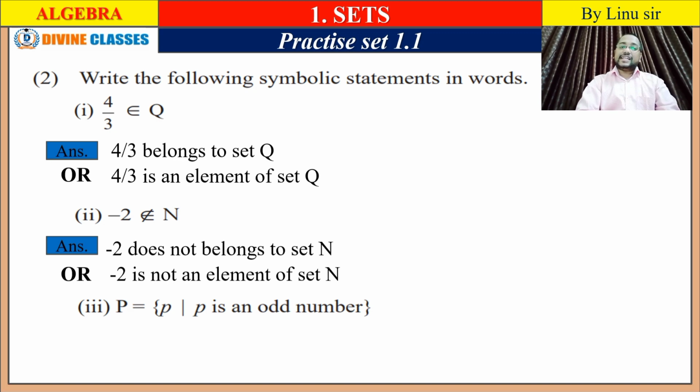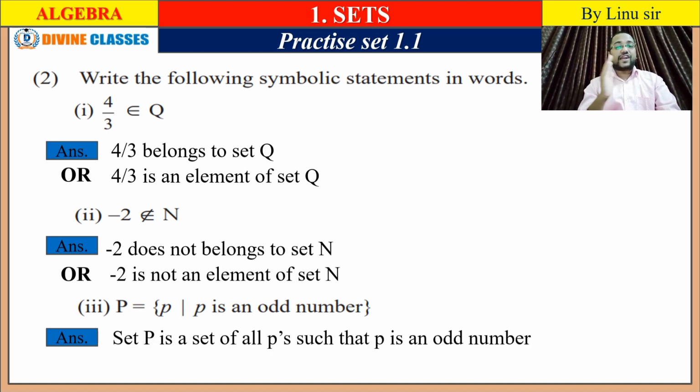Question number 3, P is equal to curly bracket open, small p such that p is an odd number. In the last video itself I had told you, while writing in set builder or rule method, we have to take a variable that defines every element. Here they had taken p.